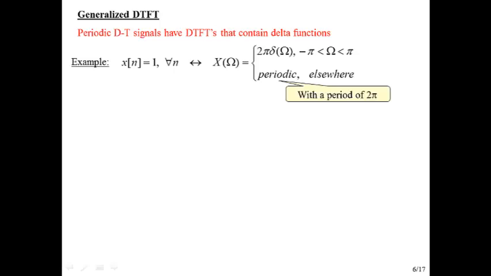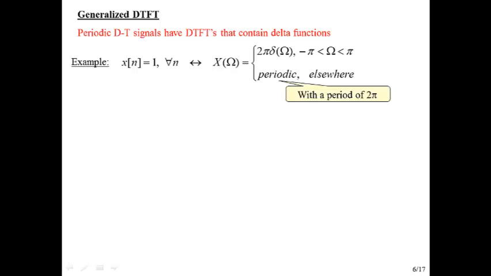So that's pretty straightforward. We had generalized CTFT for periodic signals, and if we happen to have a discrete time periodic signal, then we will have DTFTs that contain delta functions. For example, x of n equal to 1, that's a degenerate periodic signal. Technically it is periodic.